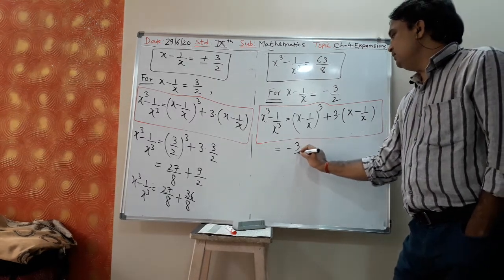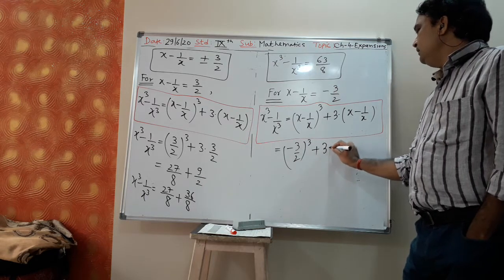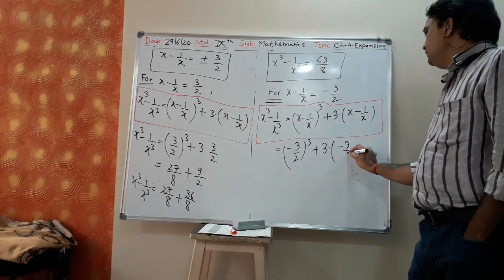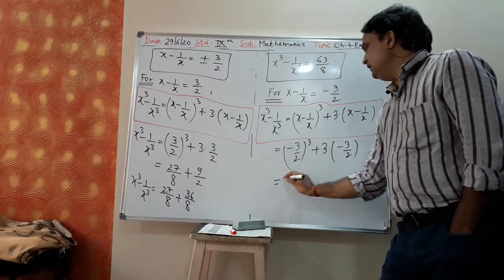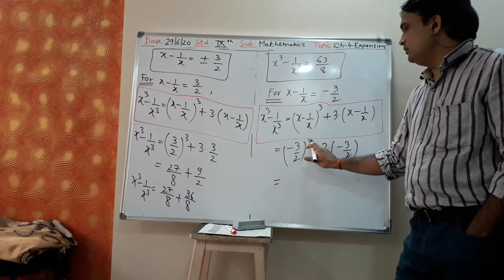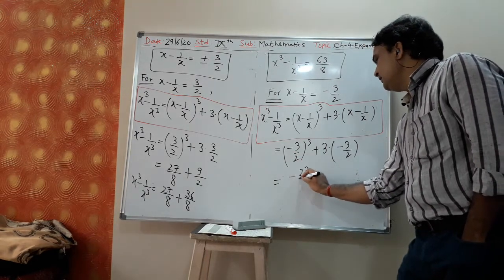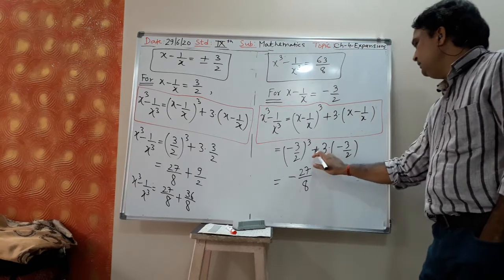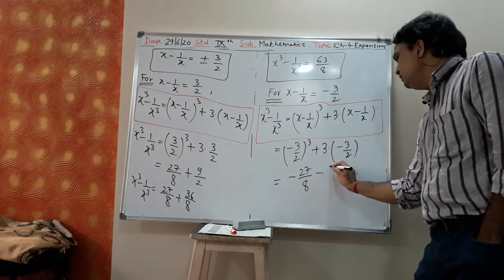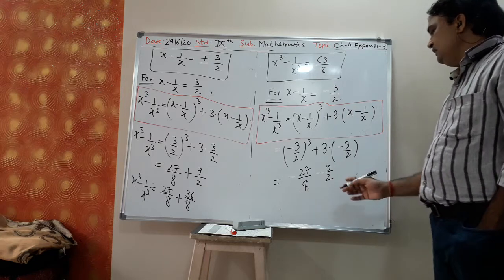So minus 3 by 2 whole cube plus 3 into minus 3 by 2. See, inside bracket minus sign, power is 3. 3 is odd. So final answer will be minus 27 upon 8. And minus plus into minus, minus 3 into 3, 9 by 2. Now take LCM of 8 and 2, 8.